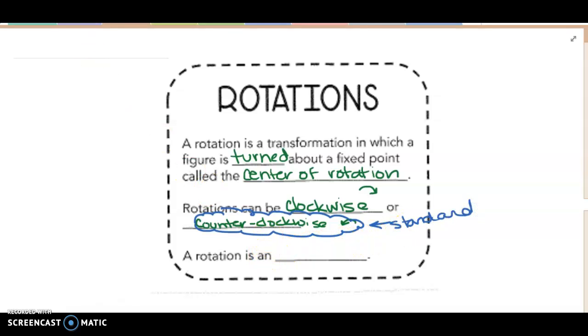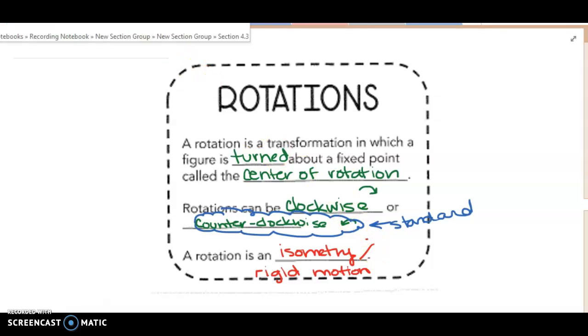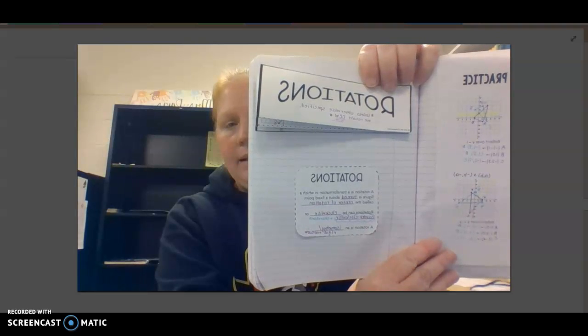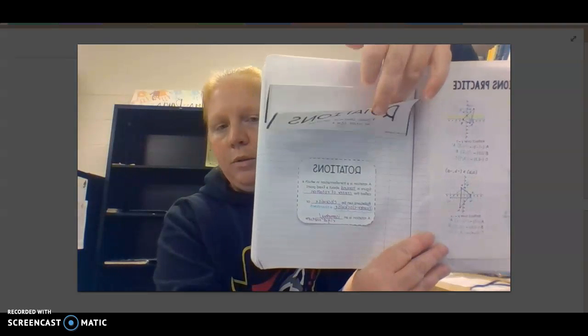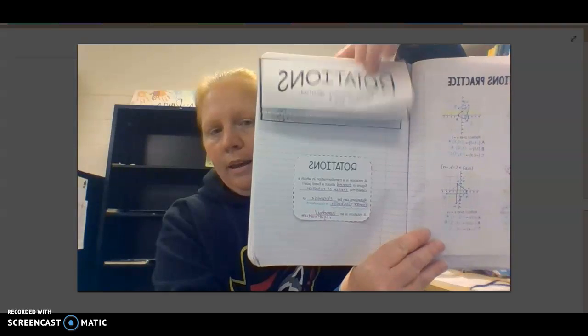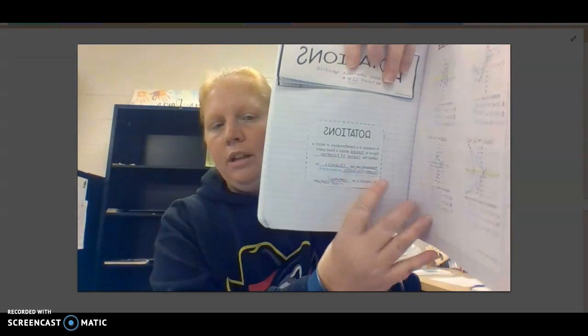Okay, and now always remember that a rotation is an isometry, or remember an isometry, as our book calls it, is also called a rigid motion. So either one of these is fine. Right, now this is how I pasted mine in. This rotation's foldable here is on top, and the rotation little bubble sheet is right here on bottom.